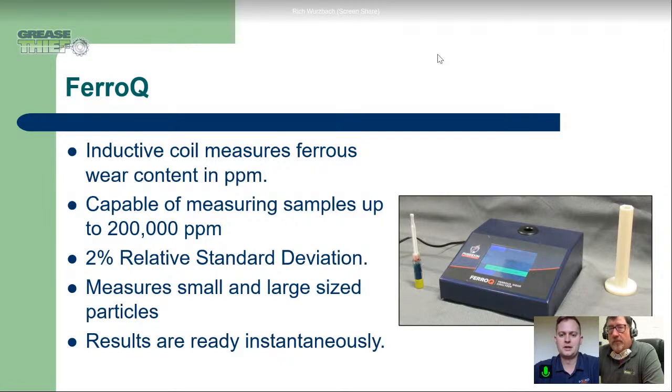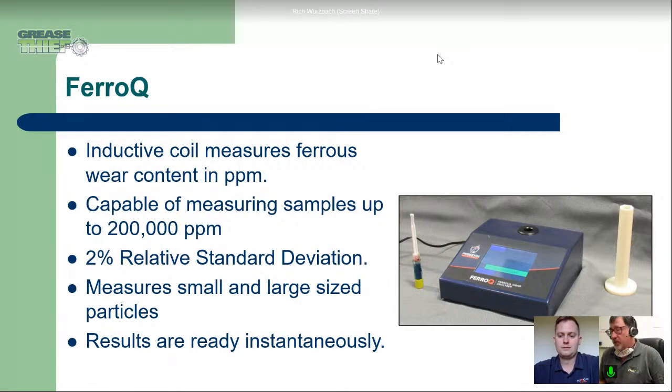So it's very much a cumulative measurement rather than a concentration in real time. Having that 200,000 ppm range is really advantageous on these wind turbines.